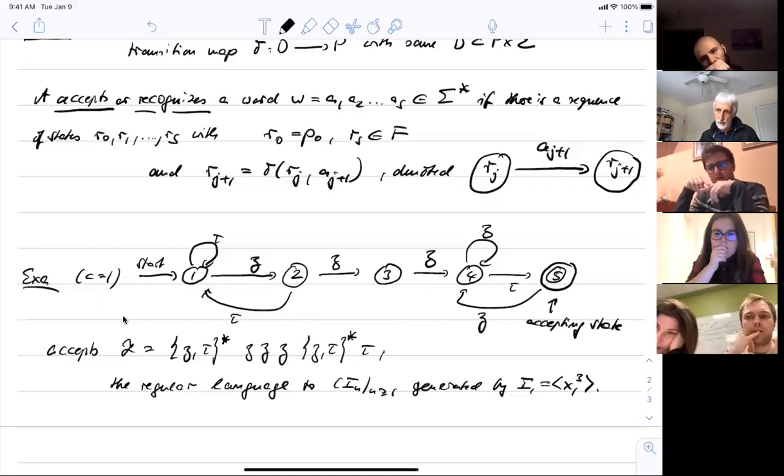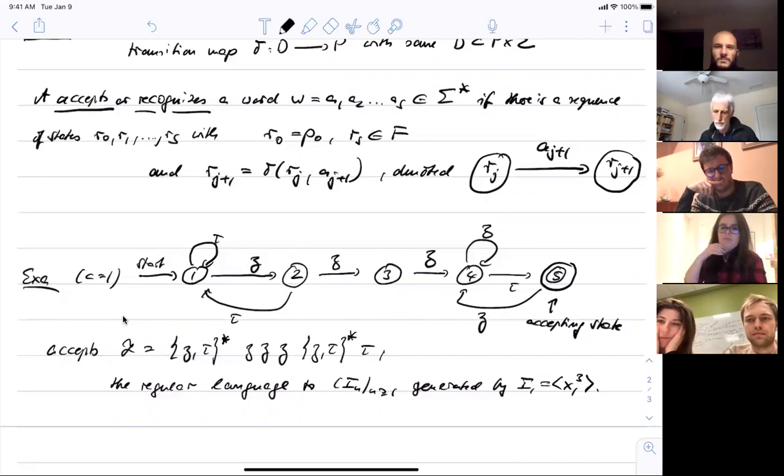Uwe, can I also ask something? Of course. Aren't you missing, if you're in state 5, how do you get this last part, this theta tau star, so all words on theta tau? I mean, you said that if you're in state 4, you can basically produce any word of the form theta tau star.